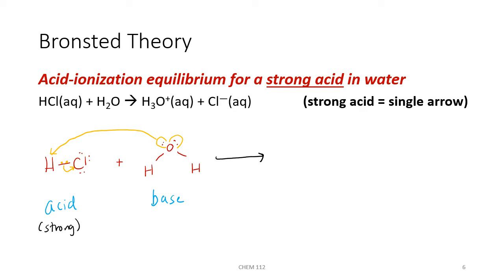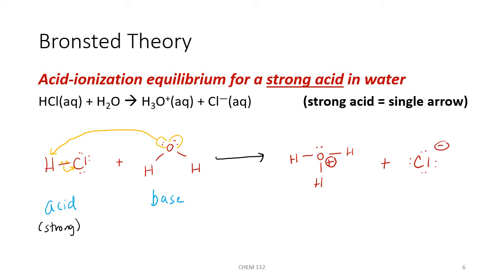So what we form then, when water picks up a proton, it becomes hydronium ion, H3O+. It has one lone pair of electrons still on the oxygen, and it's a positively charged species because that oxygen has a positive formal charge. And the other species we form is the chloride anion. Now our chlorine has 4 lone pairs of electrons around it, and it has a -1 formal charge.